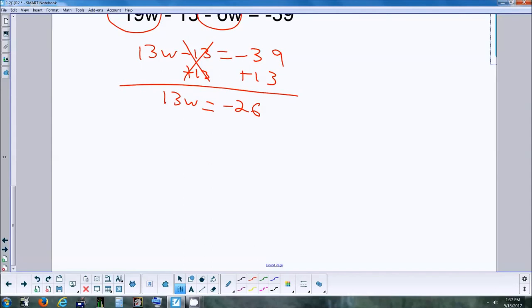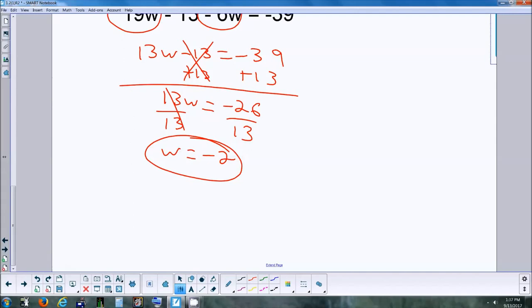And your last step. You got to get W by itself. Joe? Divide each side by 13. And W equals negative 2. What's negative 26 divided by 13? Negative 2. Okay, this one you don't have to check. It didn't say check.